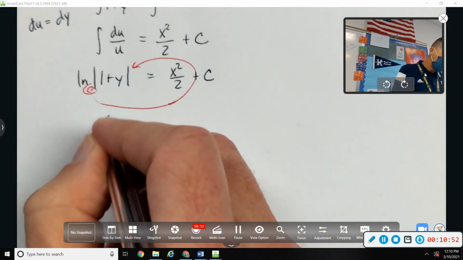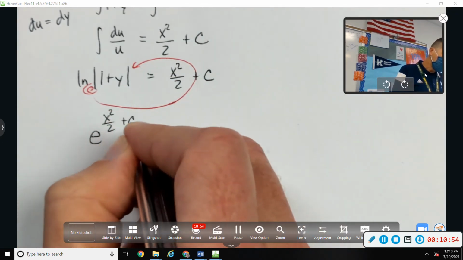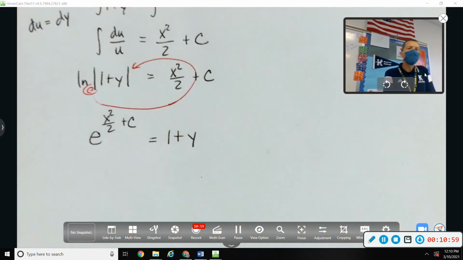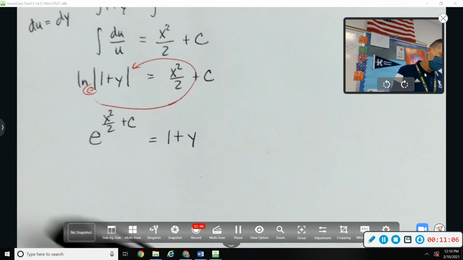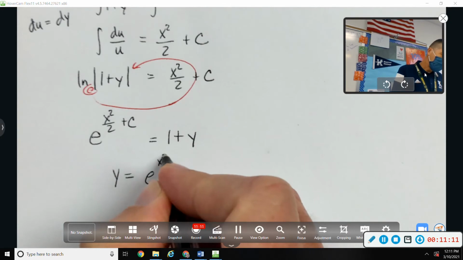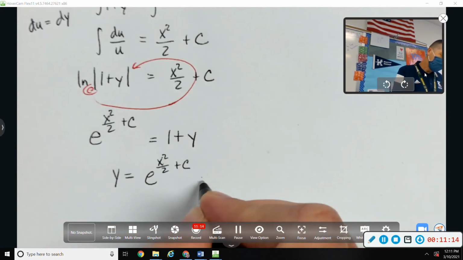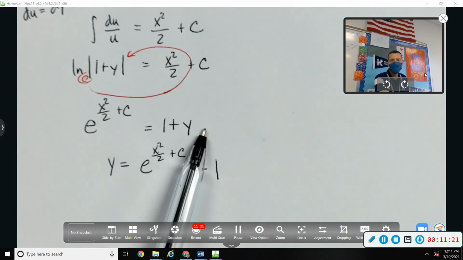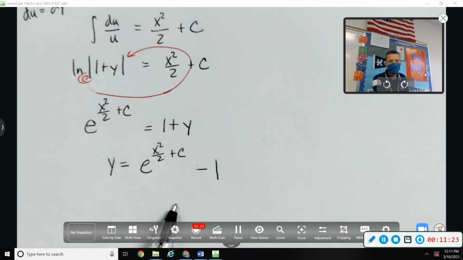Either way, I get e to the x squared over 2 plus c equals 1 plus y. So if I solve for y, I get e to the x squared over 2 plus c, minus 1. Be careful and be neat when you're writing these down so you don't end up with minus 1 in the exponent or c not in the exponent. Make sure it's clear who's where.